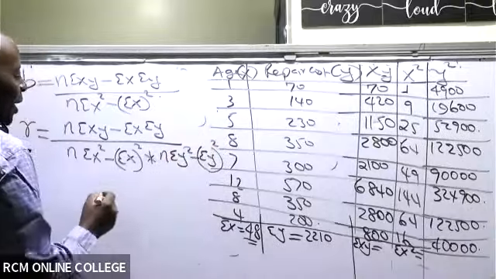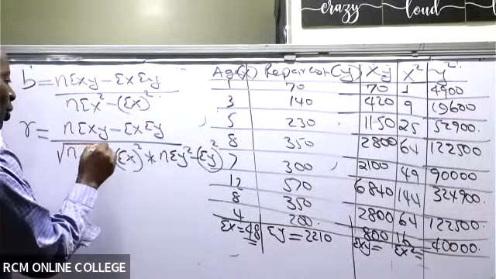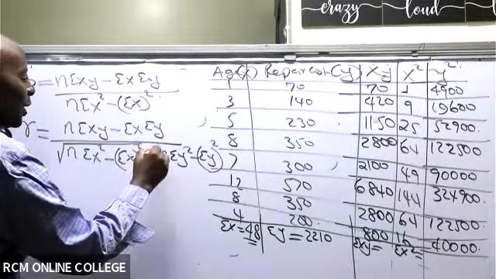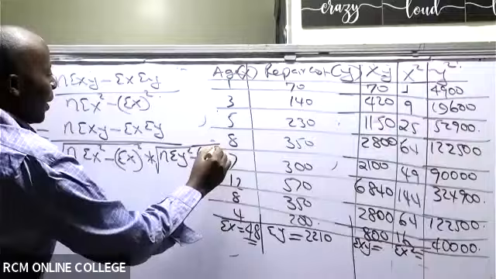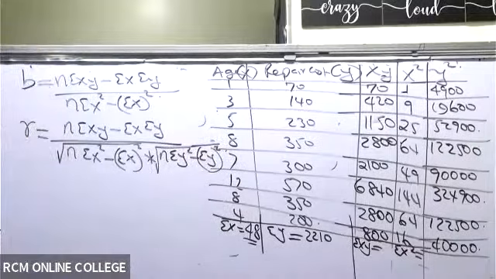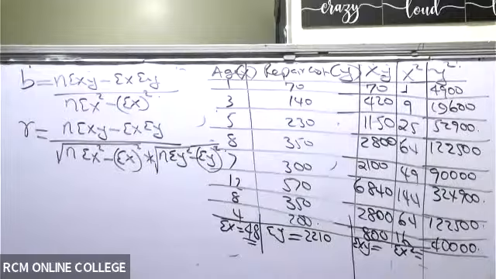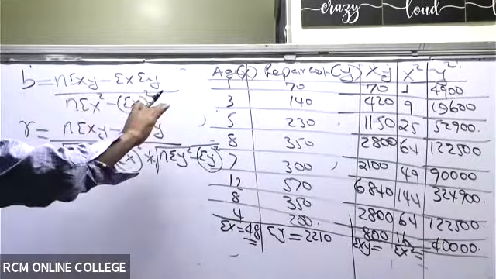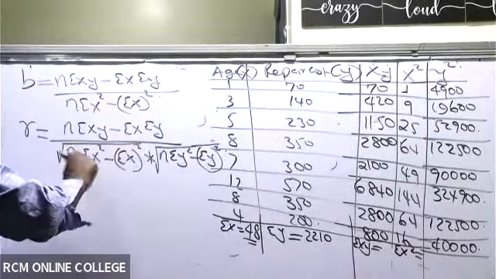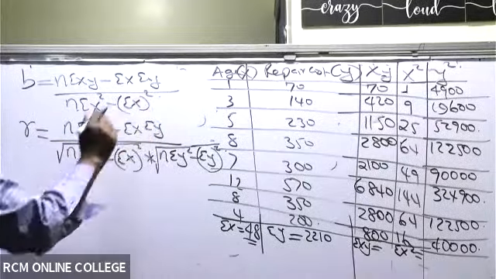And then I prefer putting them under their respective square roots, this times an equivalent of this but now replaced with y, each one of them under their own square roots.